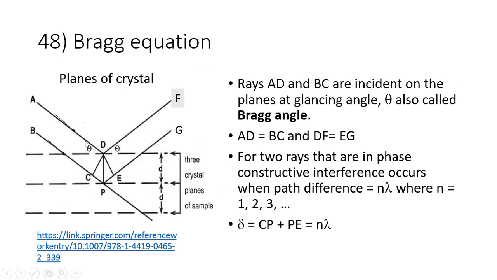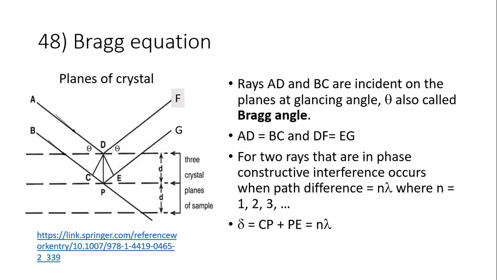That theta, Bragg's angle. We call it the glancing angle. Since this is the one that the person came up with, we call it by his name, Bragg's angle. Rather than use angle of incidence and angle of reflection, we call this angle Bragg's angle, the angle made with the plane.